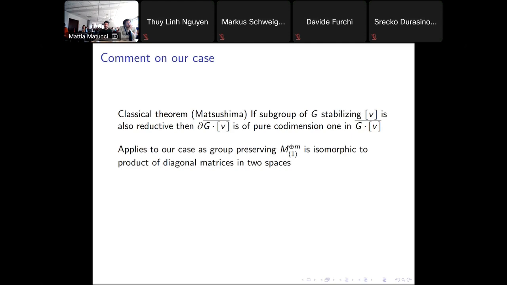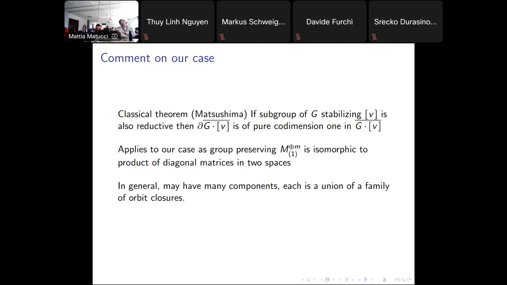So that's a reductive group, and Matsushima's theorem applies. So we don't know what our thing is, but we know that it's a union of irreducible varieties of codimension 1, which is a big help. There may be many components, though, but each component is a union of a family of orbit closures.